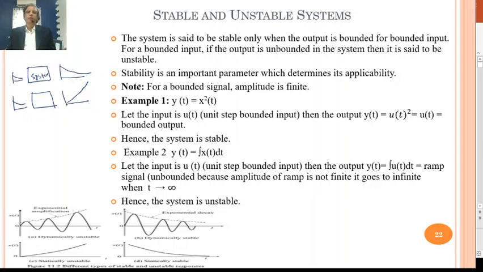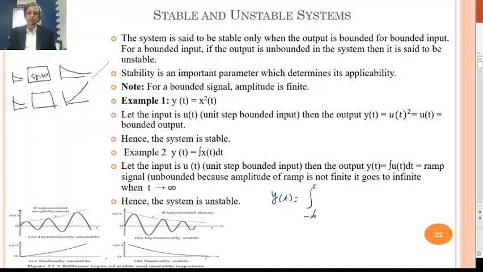Stability is an important parameter which determines the applicability, means whether the system is used in practice or not. A bounded signal means finite amplitude, and unbounded means infinite order. This is continuously increasing, and at t equal to infinity, that becomes infinity. Means for a stable system, the response should be absolutely integrable.